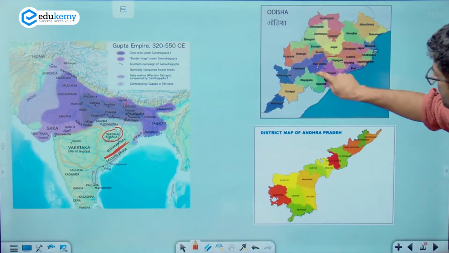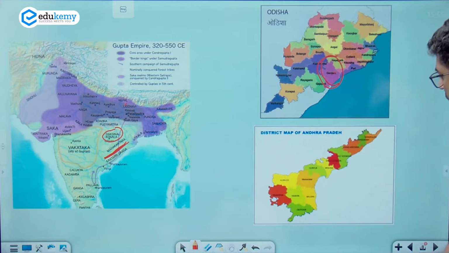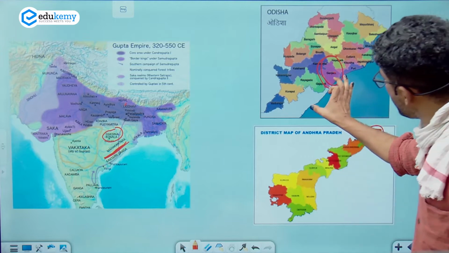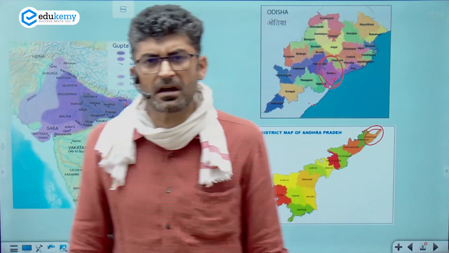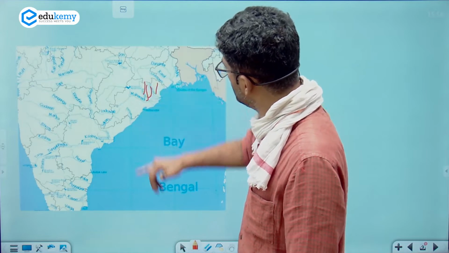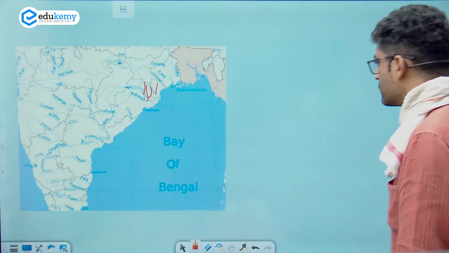See, this is the Ganjam district of Odisha, and this is Srikakulam. So this narrow region is your Kalinga. The region above the Mahanadi is your northern Orissa, or Dakshin Koshal, as it was being called.